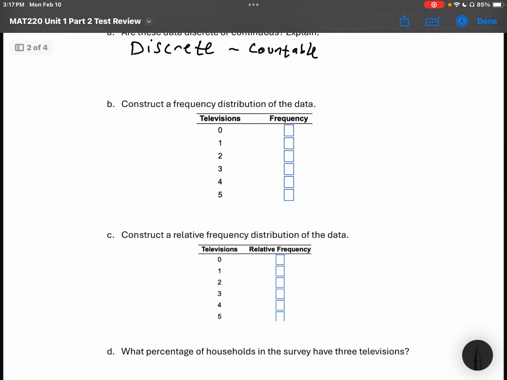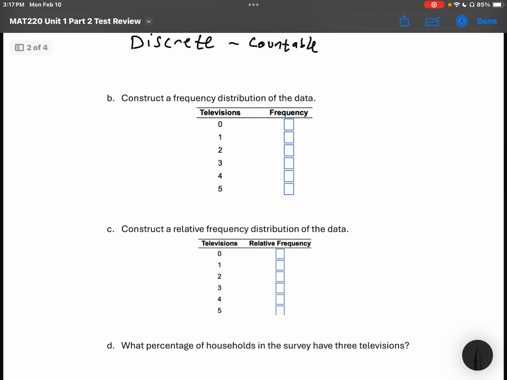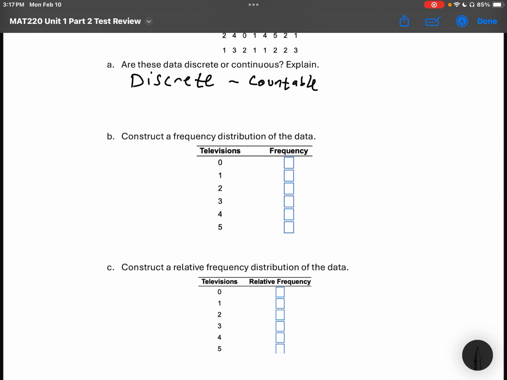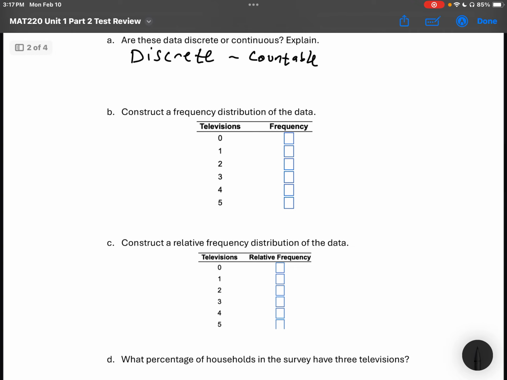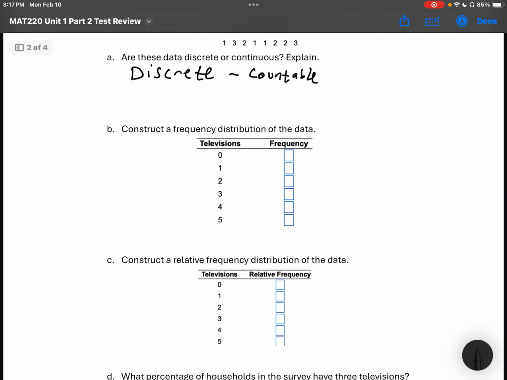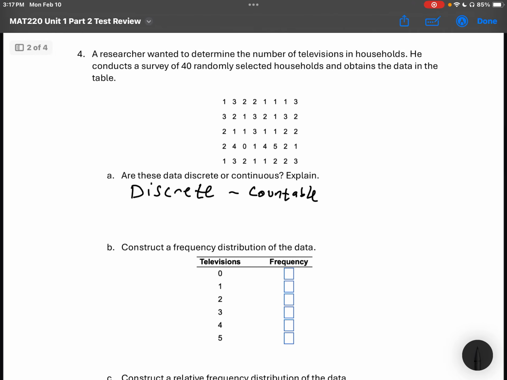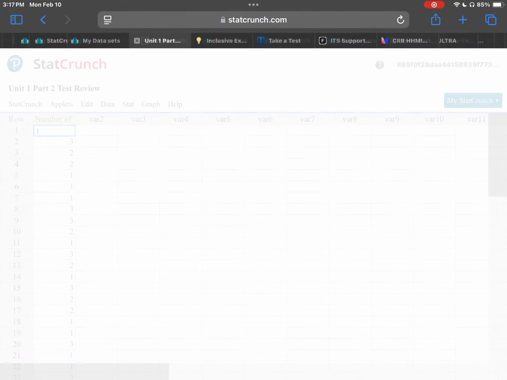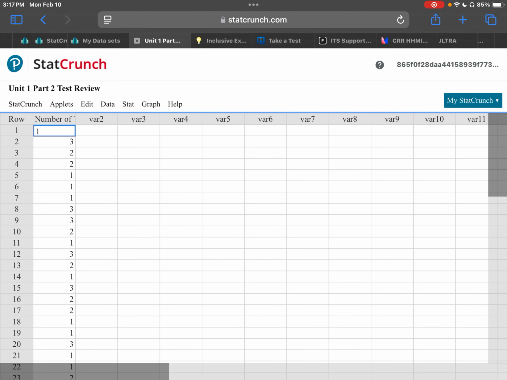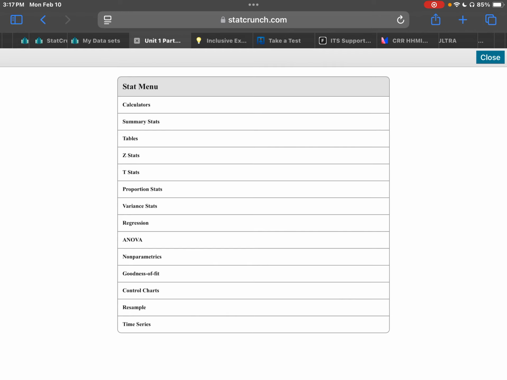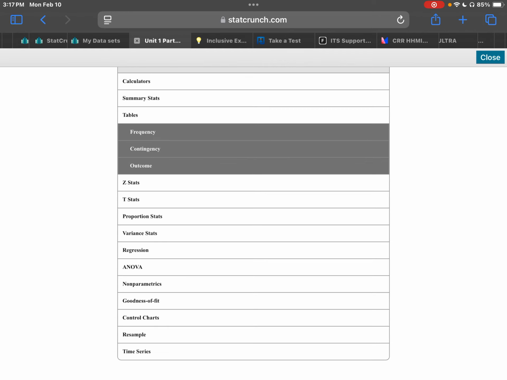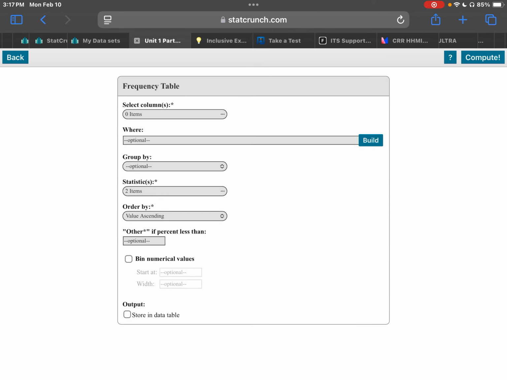Alright, so part B and C want the frequency and relative frequency distributions. So I'm going to pop that over into StatCrunch so we can see about finding that. With my data inside of StatCrunch, to build the frequency and relative frequency charts, I'm going to go to Stat, Tables, Frequency.